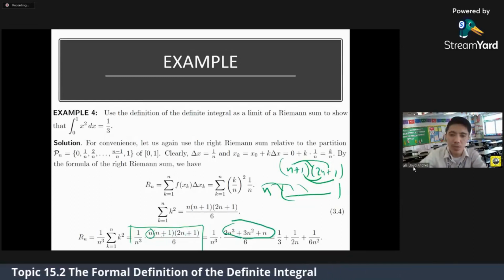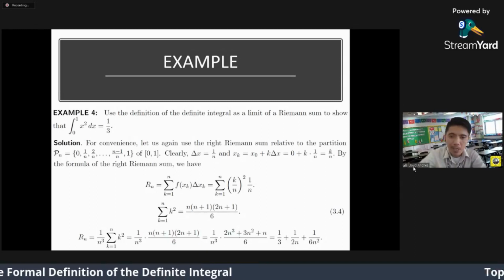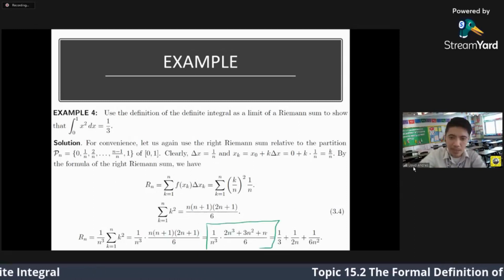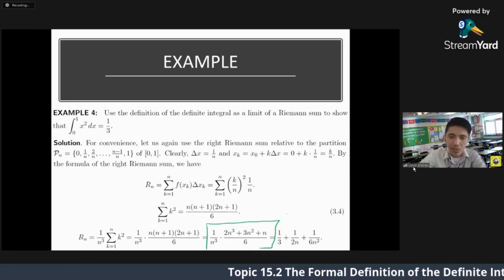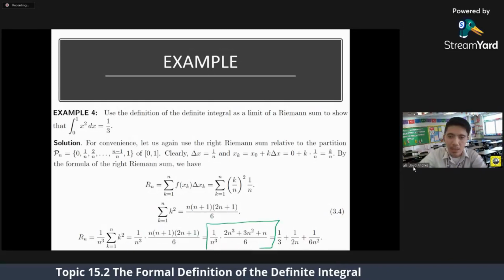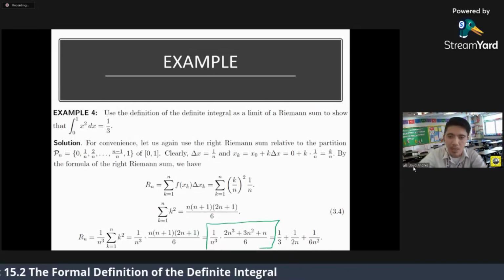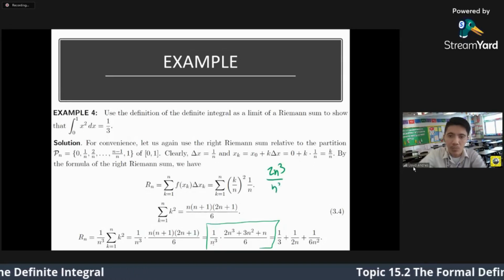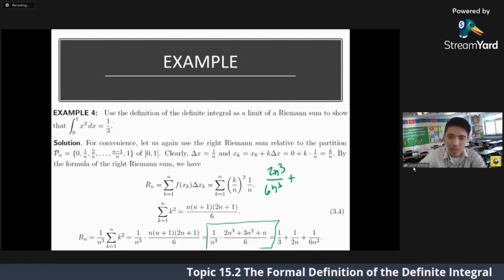So assuming na solve na nimo, simplify na pud nato kani nga part. Kay naa man tay n squared diha, so isa-isahon nato ang divide og n squared. Actually, ang pag-simplify nimo, mahimo man na 2n cubed over 6n cubed plus 3n squared over 6n cubed plus n over 6n cubed.